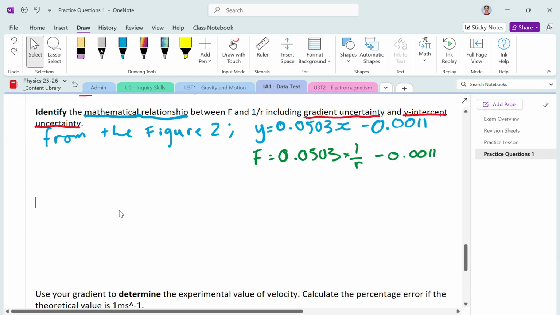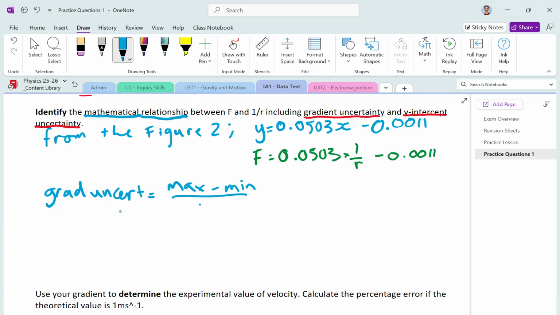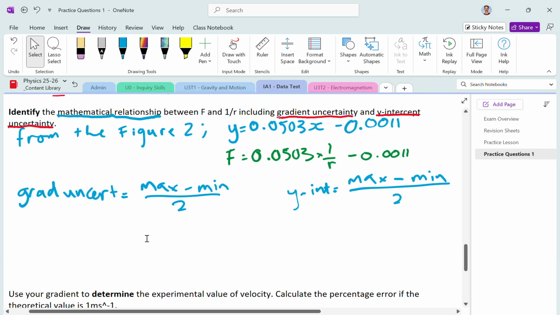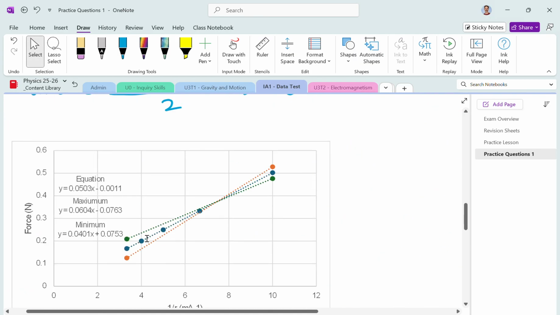So we can say that the gradient uncertainty is equal to the max gradient minus the min divided by 2. We are just taking the absolute uncertainty. And we can do the same for the y-intercept, which equals the max minus min divided by 2. All right, let's do the gradient uncertainty first.